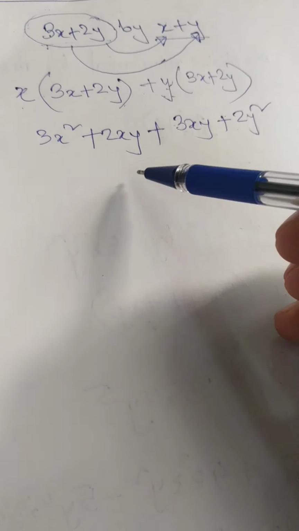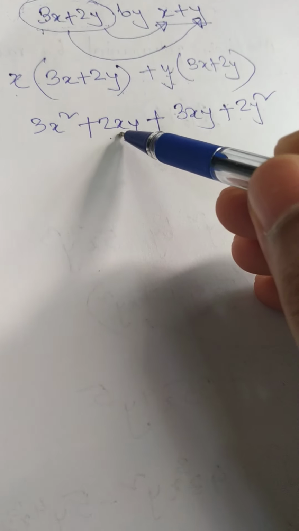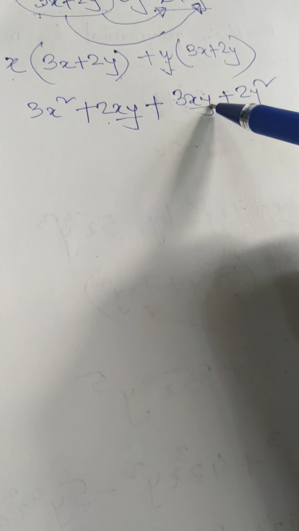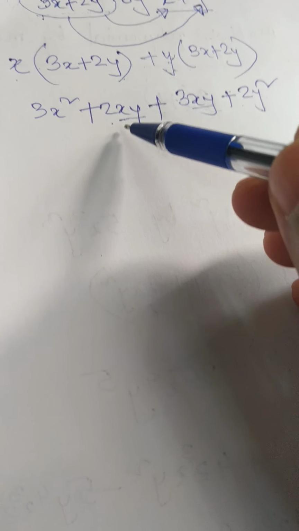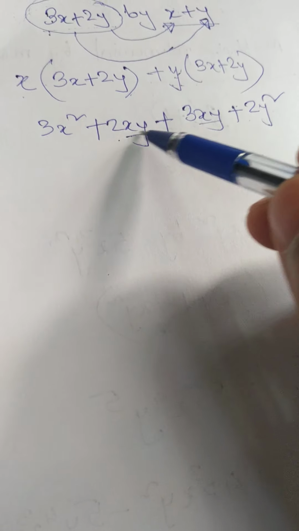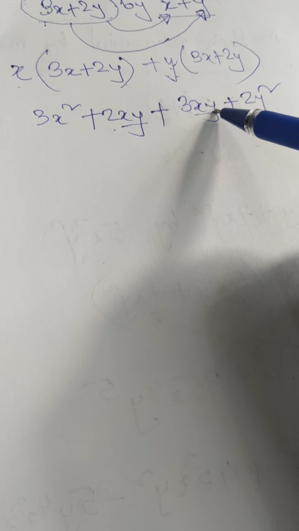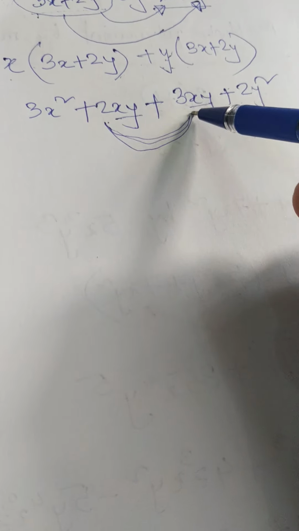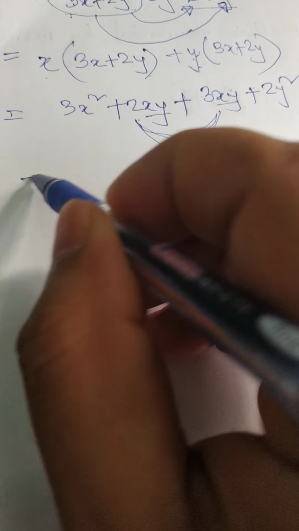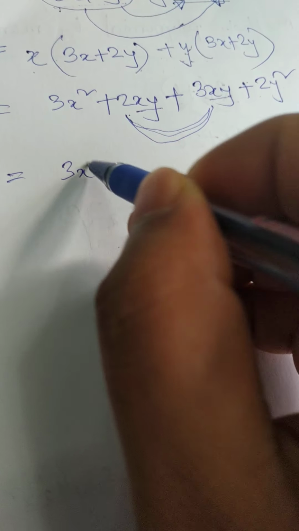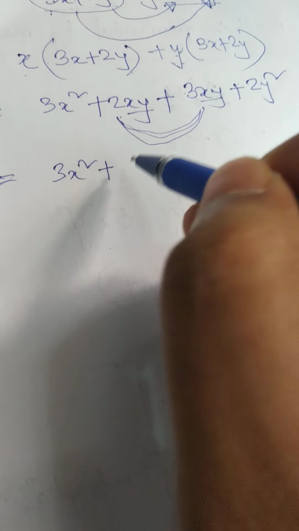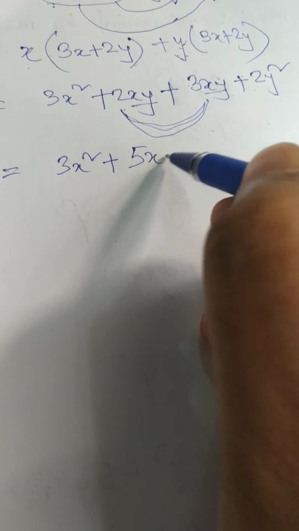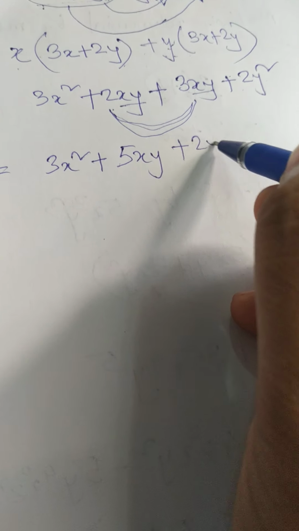Okay, if you remember in class 6, the terms which have the same variables, we need to add them up. Here you can see xy, here also you can see xy. So we need to add these two terms up. So we can write equals to 3x square plus 5xy plus 2y square.